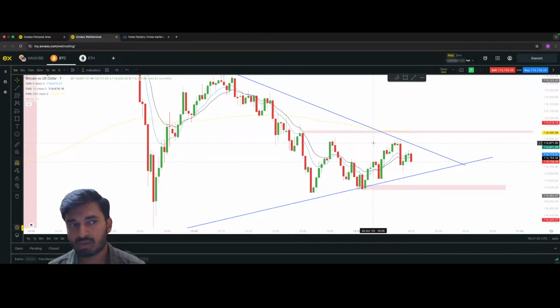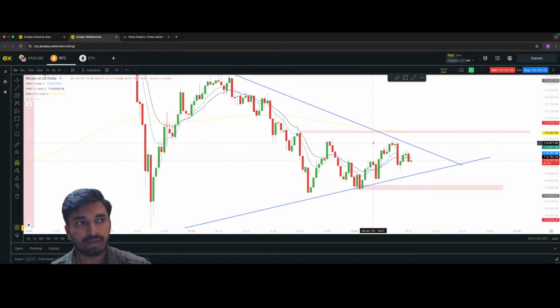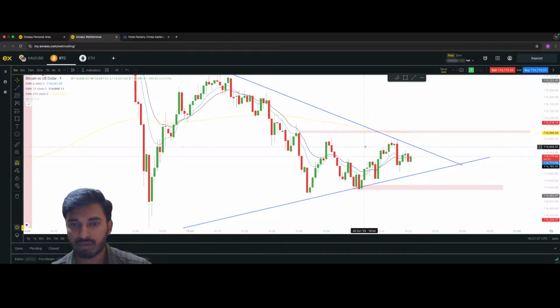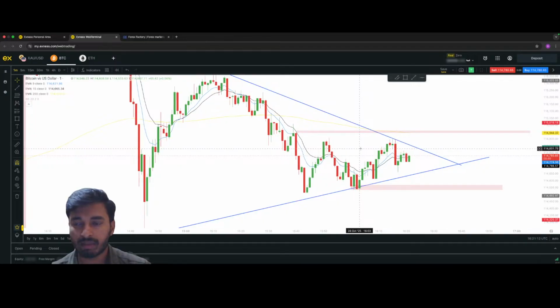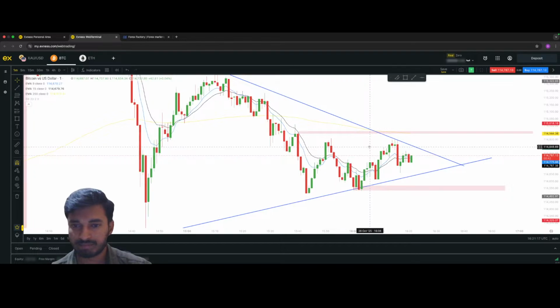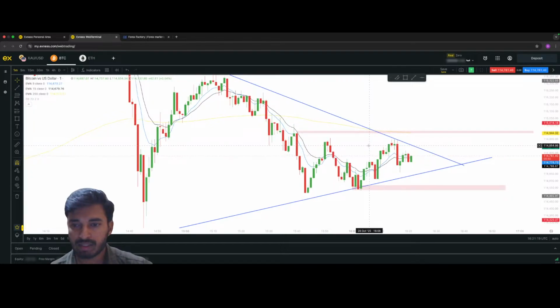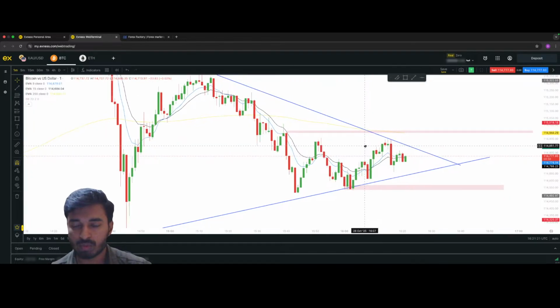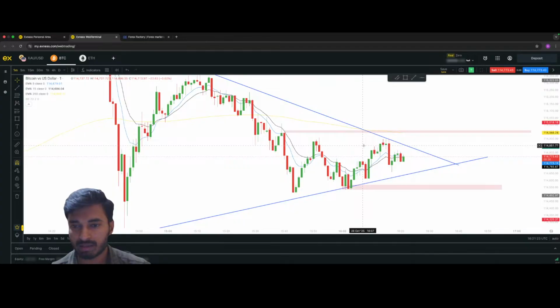Today there are so many people in the Indian market. I know today there is a month-end expiry and it is very volatile. Today the Nifty has become a doji candle on the day time frame, but from the morning it has moved with so much volatility because of India VIX.